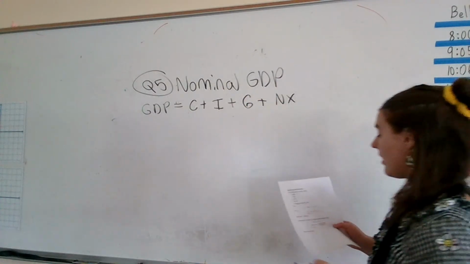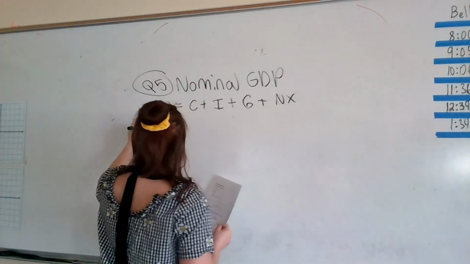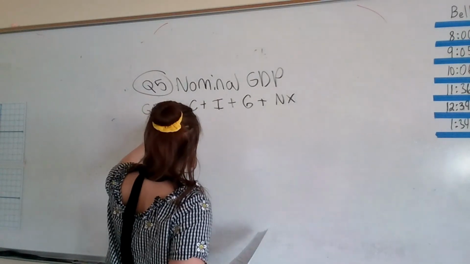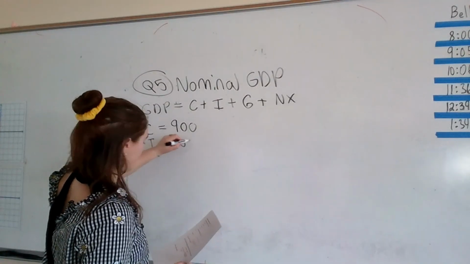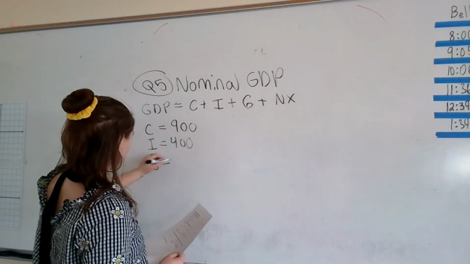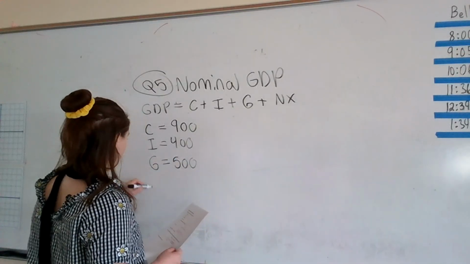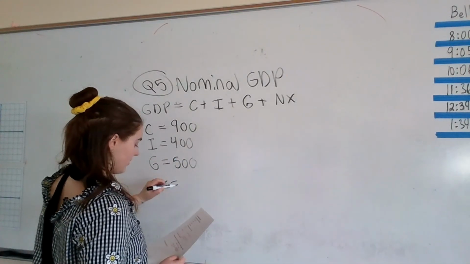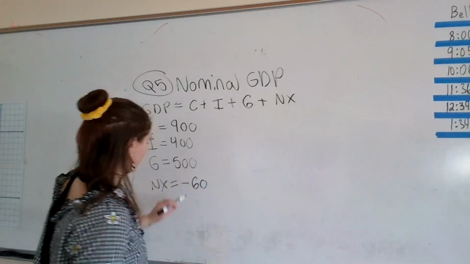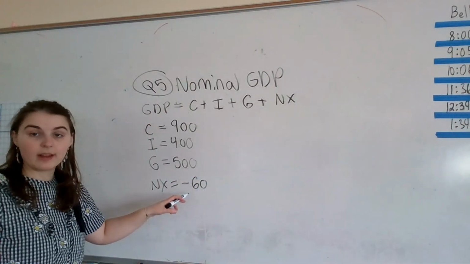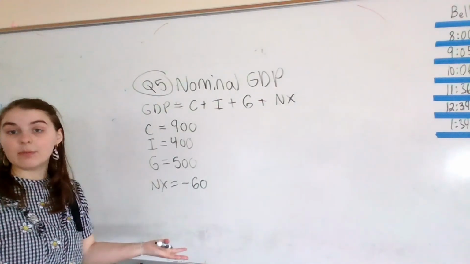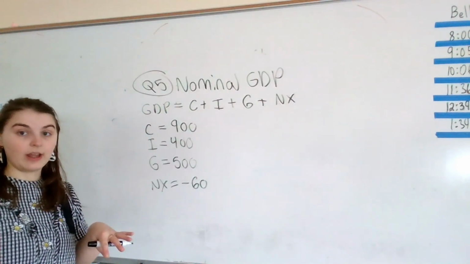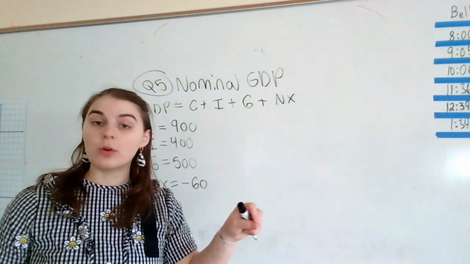In this case, our economy has a C, or consumption level, of 900. It has an investment level of 400, a government spending level of 500, and net exports of negative 60. So this is indicating one big thing: this economy is importing a lot more than it's exporting, which means they're spending more than they're making.